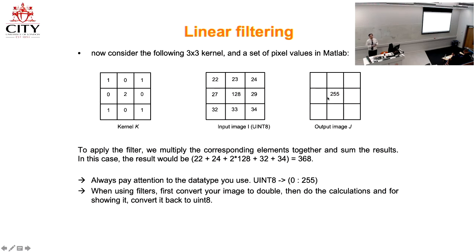So generally try to convert your images into double, do whatever work you want to do, and if you have to, then convert it back to unsigned integer. Because if you don't do that, you will lose a lot of information. You will see funny colors, funny images, which are not supposed to be there. You don't want those. So if you exceed those limits, you have to normalize them. But if you cannot, everything that has been over 255 is back to 255, so you see a lot of white, right?